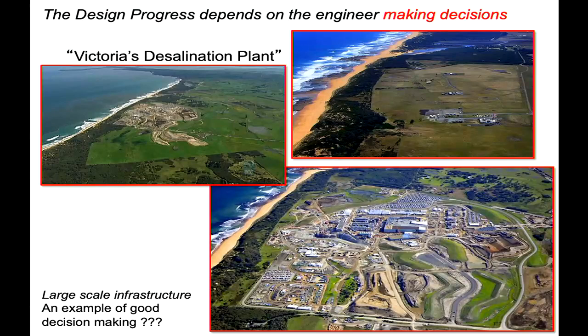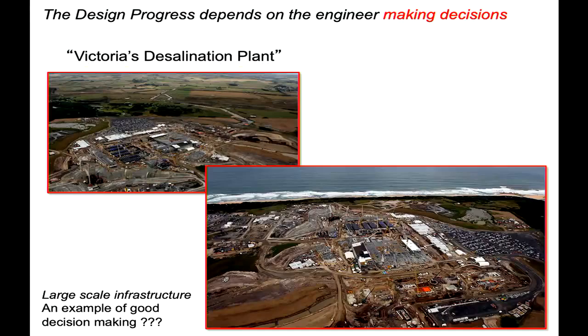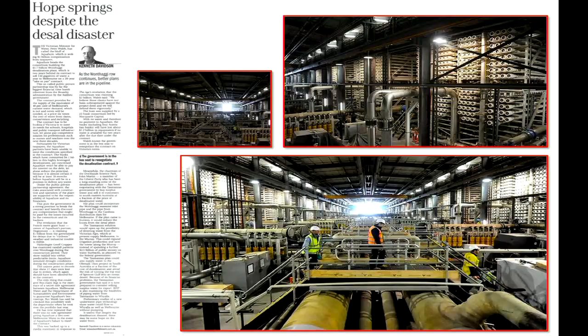Now, on that idea of making decisions, just keep on the clock. Excuse me. The Victorian desalination plant. It exists. It pumps out a bit of water now and then for us as a state. And as a government, Victoria made a decision that this was what we would have, what would be built. A French company built it and we're going to be paying them money for an awful long time. Now, the question I'm asking is, is it an example of good design decision making?